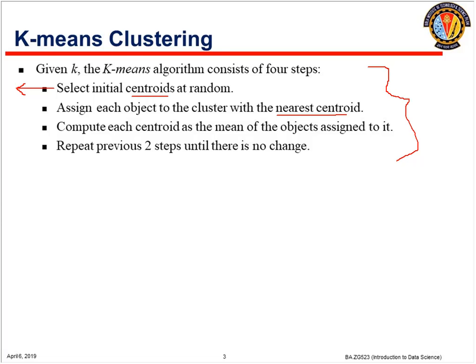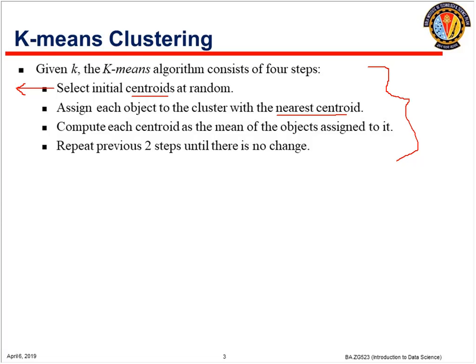Initially you have assumed that these are the 4 different centers, representing k different regions. That means they are representative of k different regions, or they are centers of 4 different regions.